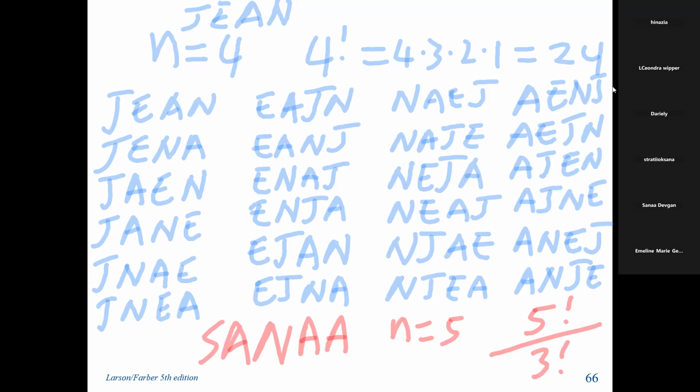Good. My last name, it's Phanor, 6 letters, that gives you 720 different ways. My last name, no letter repeats. Yeah. All right. Let's continue here.